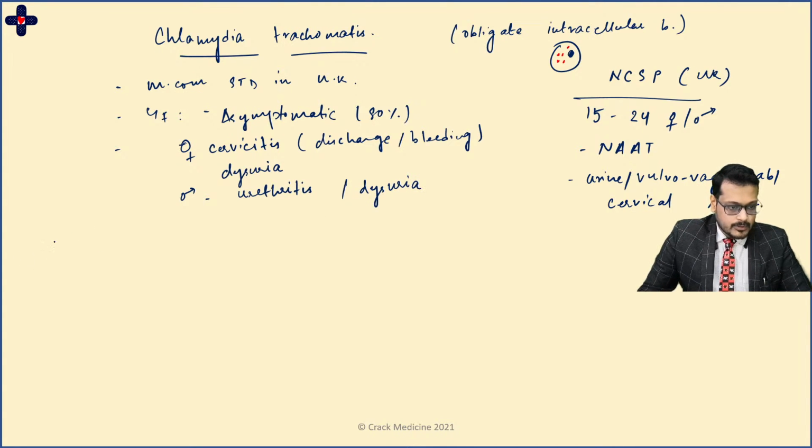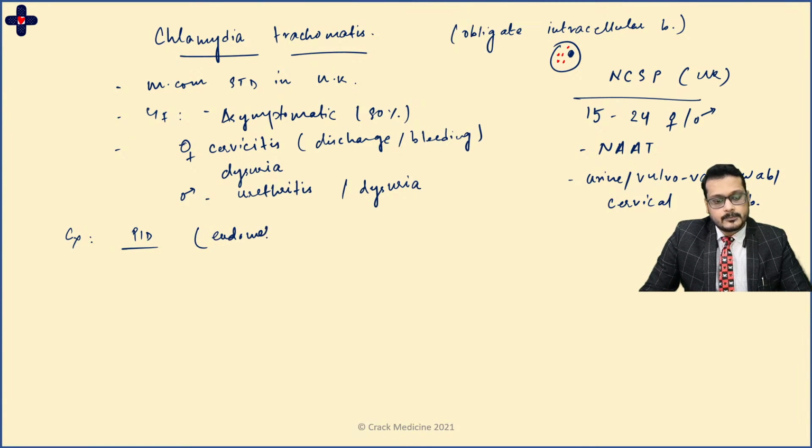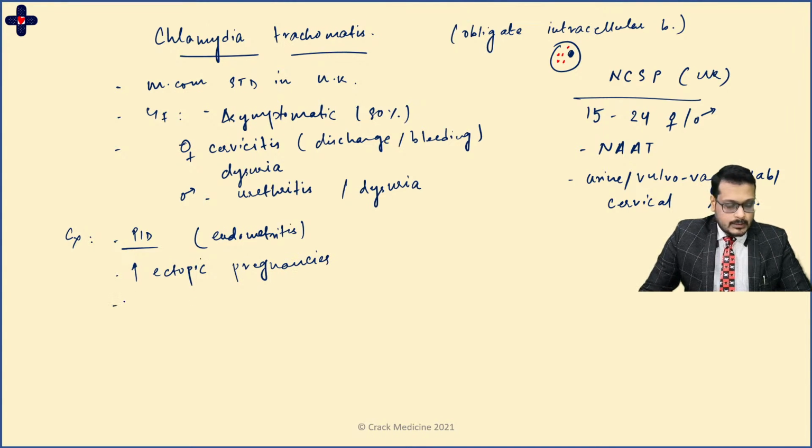Okay. So what are the complications? Why do we want to treat chlamydia? Because it causes PID, pelvic inflammatory disease, that is endometritis for example. You can also get an increase in the ectopic pregnancy frequency. Both of these will actually lead to subfertility or infertility.